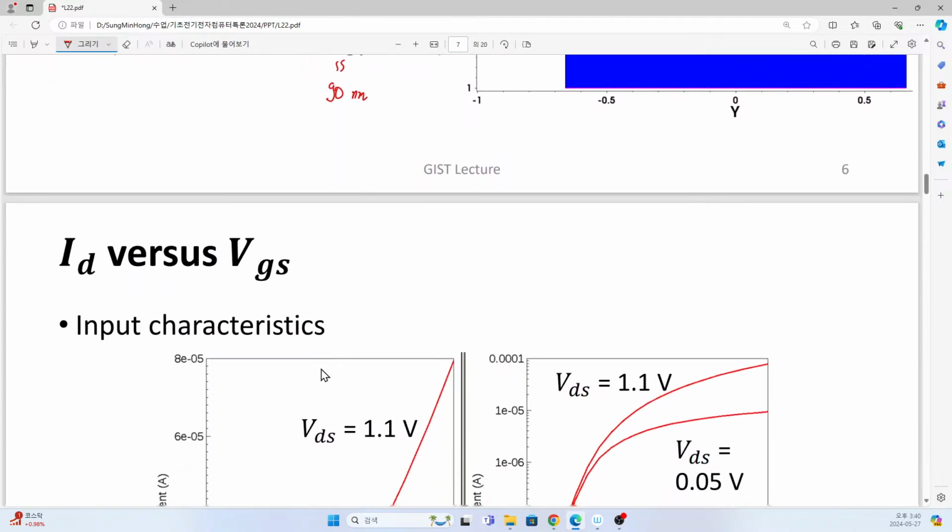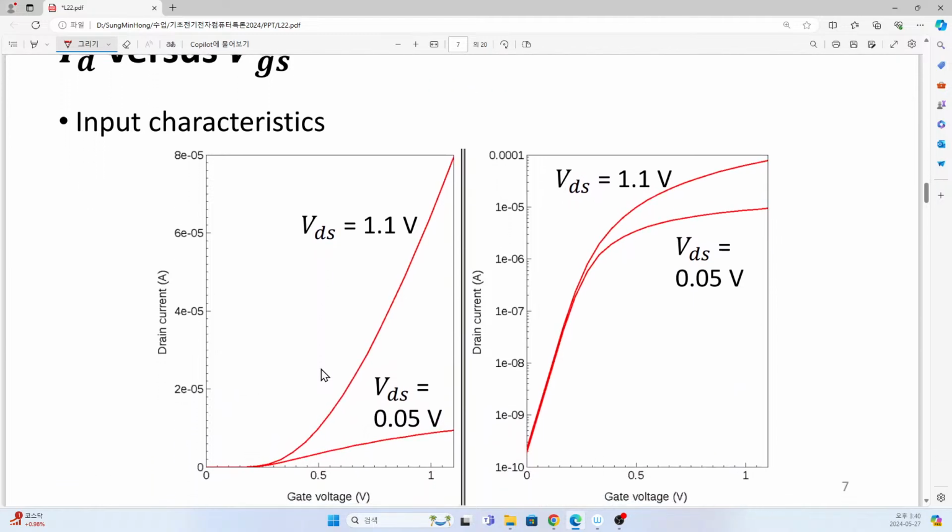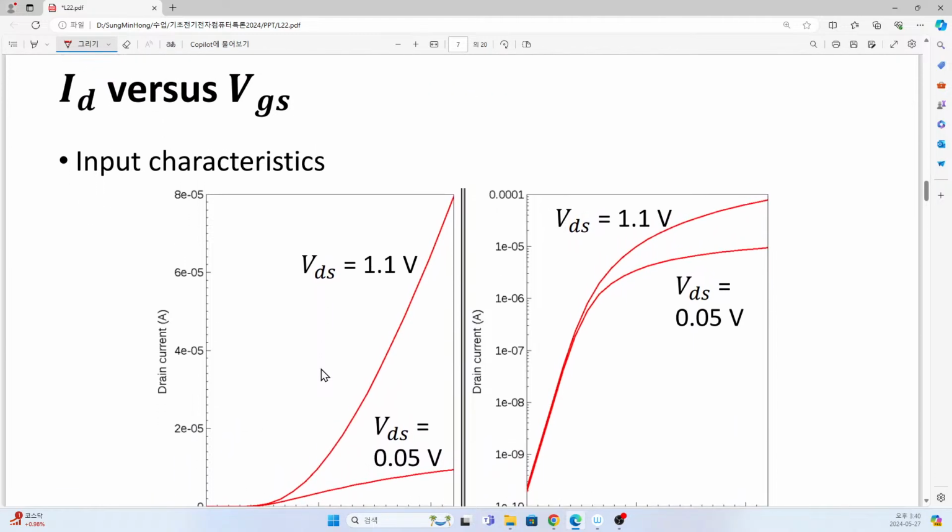Then let's go to our simulation result. This simulation result first shows input characteristics. When we say input characteristics, it means that we change the input variable. Then what is the input of our transistor? Our transistor has gate voltage as its input voltage. So we change VGS and observe the output variable, that is ID.